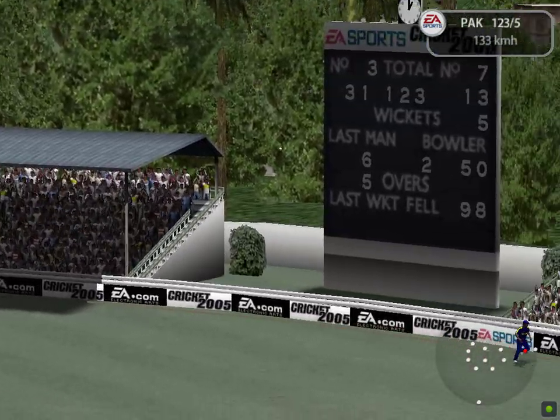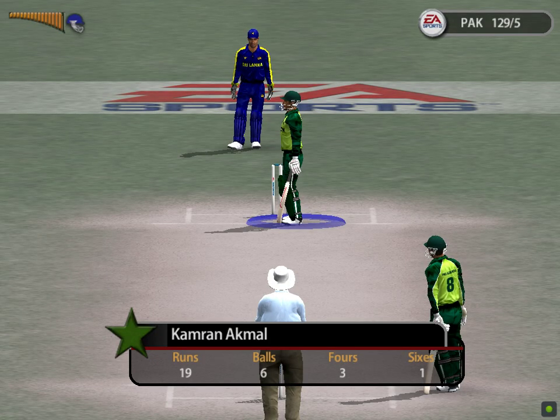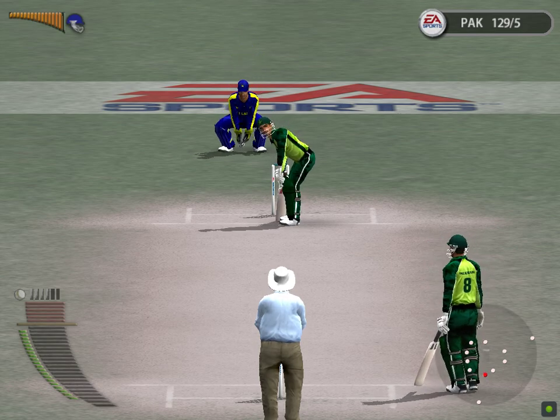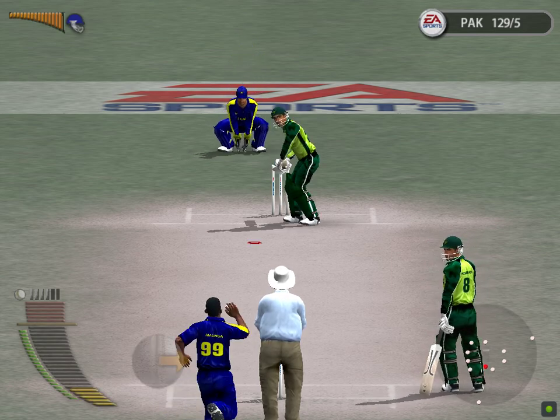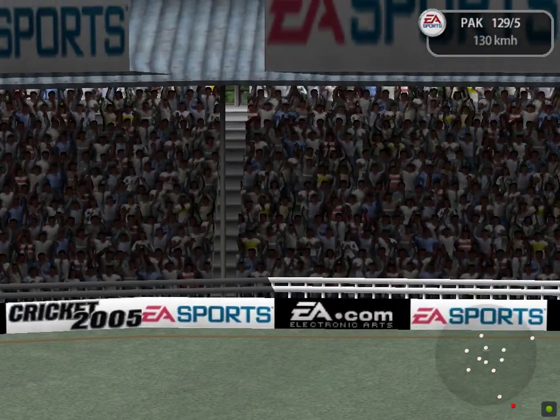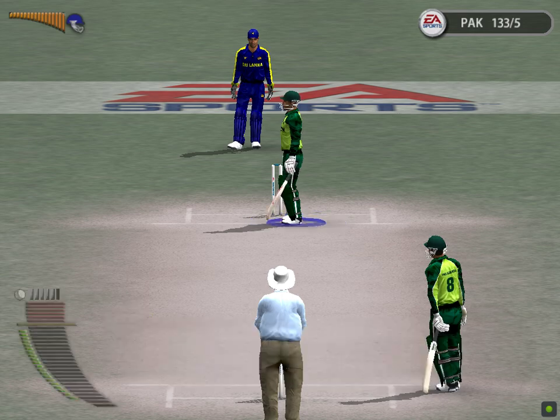He's got it into the gap. That's over the rope. 6 runs off Malinga. Let's see the action replay of that. Superb shot. Kamran Akmal moves on to 23. Magnificent. Let's take a look at that in slow motion.